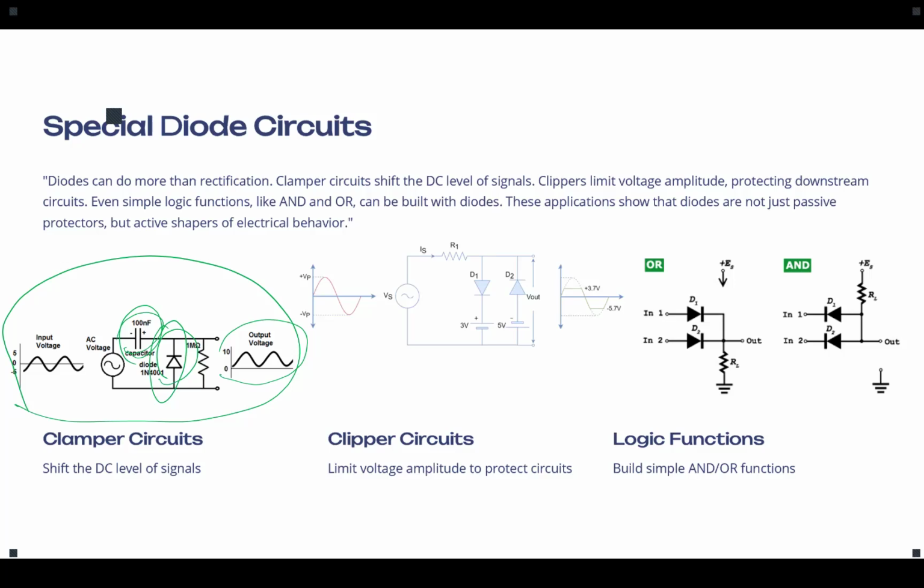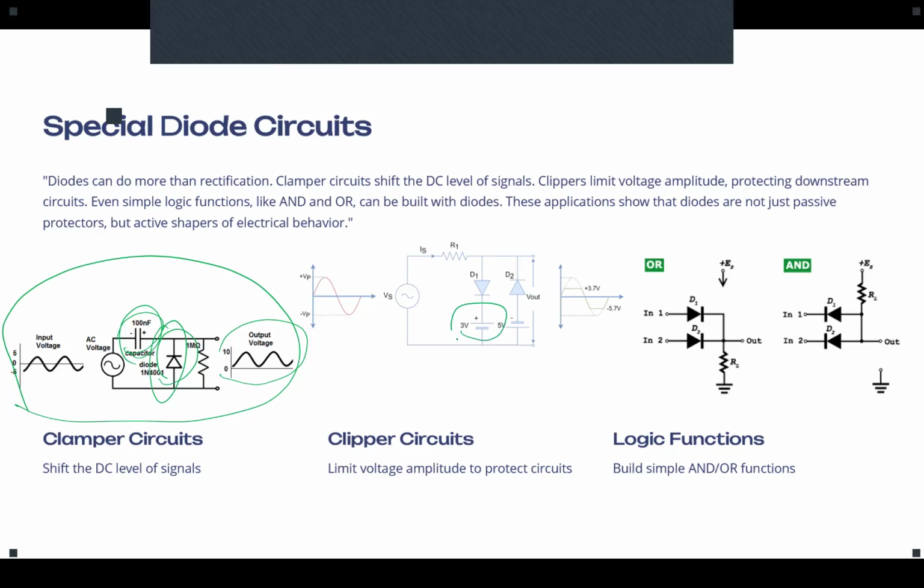For the clipper, if you have a voltage source in series with a diode, you can create a maximum amount for your values. Now, this one is forward bias, meaning it would clip the positive half cycle.